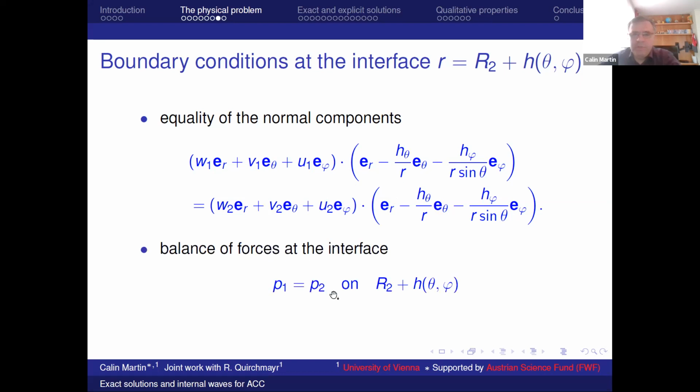Moreover, we require that the pressure from above equals the pressure from below at the interface. Recall that the water domain consisted of a union of the two domains D1 and D2, and in each of these we have accordingly the quantities denoted P1, U1, V1, W1, as well as P2, U2, V2, W2.